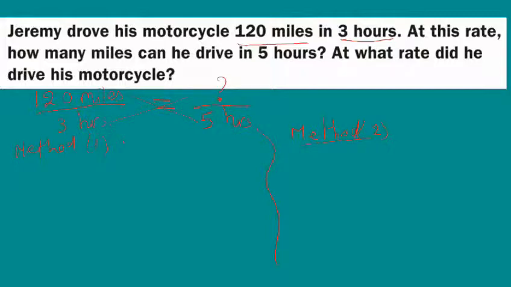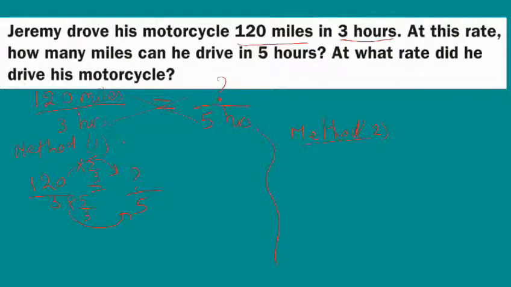Method 1, as you know, we ask ourselves, 3 times what equal 5? Of course, in the table of 3 we do not have a number that's multiplied by 3 to get 5. But if we multiply 3 times 5 over 3, what happens here? 3 will be cancelled with 3 and it gives us 5. So also up I will multiply 120 times 5 over 3.